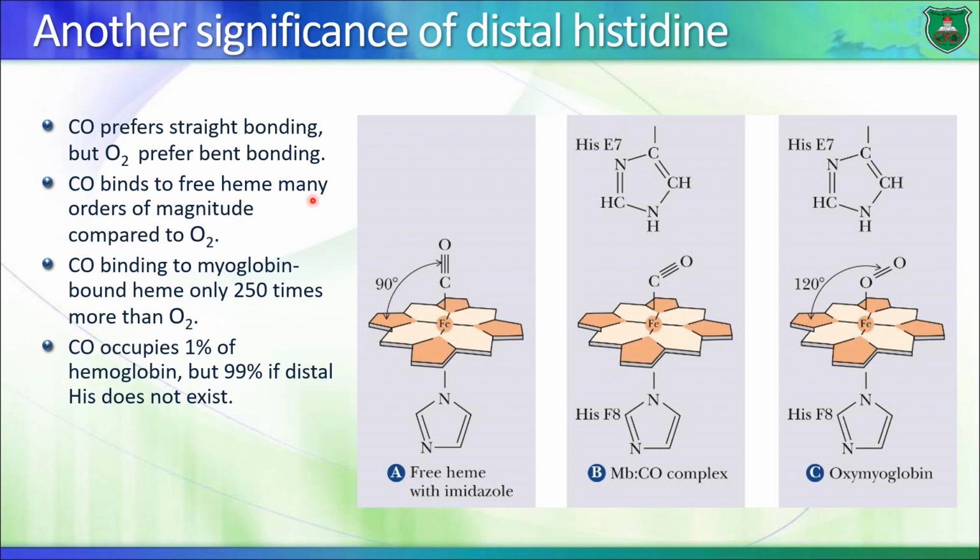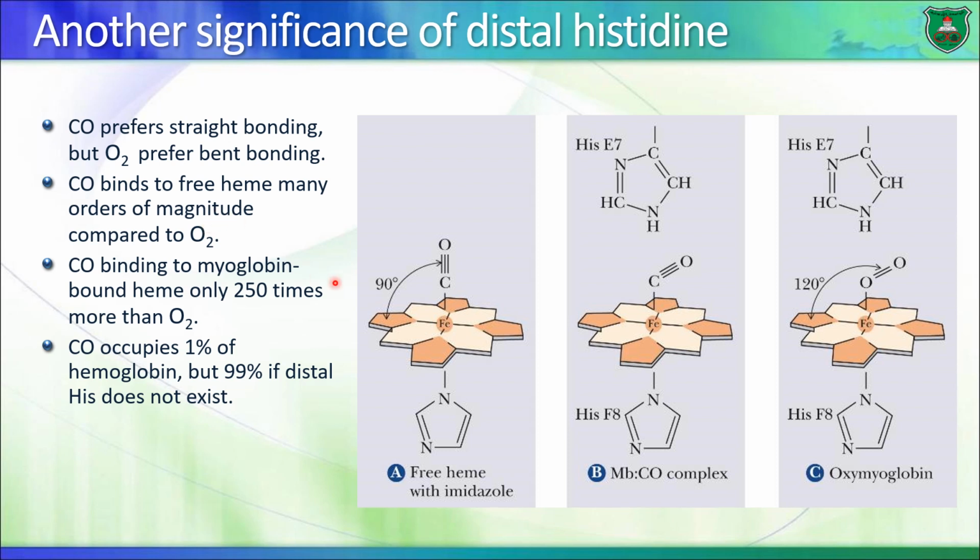So it has many orders of magnitude. That is, we're talking about a logarithmic scale. We're talking about like 1,000 or 10,000 times higher affinity for carbon monoxide than oxygen.